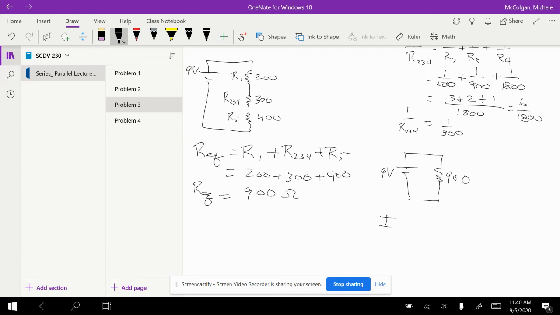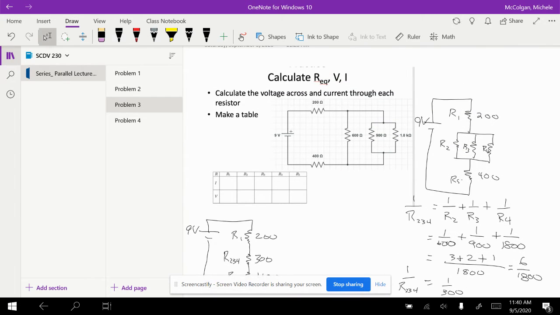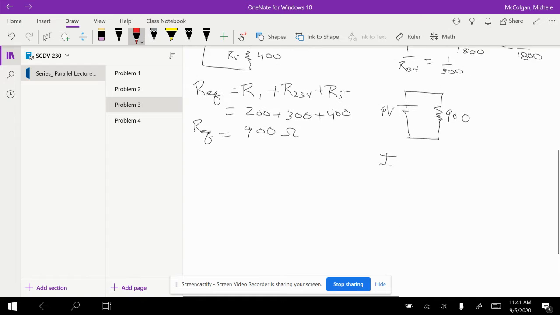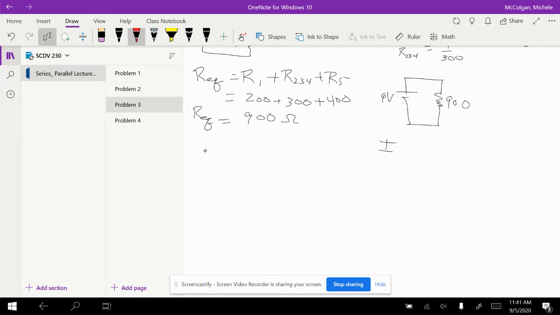And so the current, if I look back at my first circuit here, is going to be the same as the total current for R1 and for R5. So I can calculate those currents. I1 is equal to I5, and that's equal to the voltage divided by REQ.